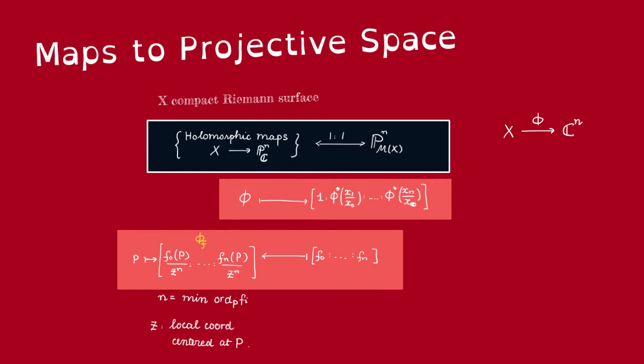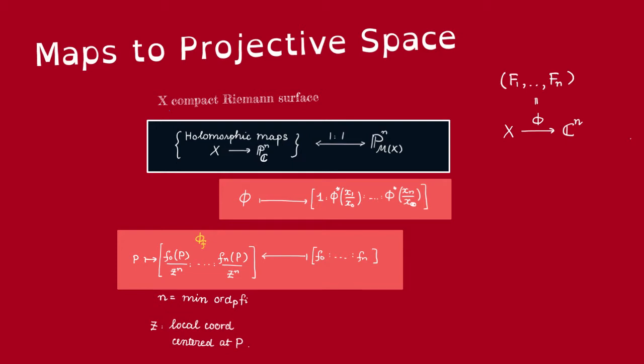So how holomorphic maps from X to P^n are in bijection with just tuples of meromorphic functions on X. So given a holomorphic map phi from X to P^n, how do we get a tuple from that? To understand this, let's look at the case when phi is a map from X to an affine space, C^n.